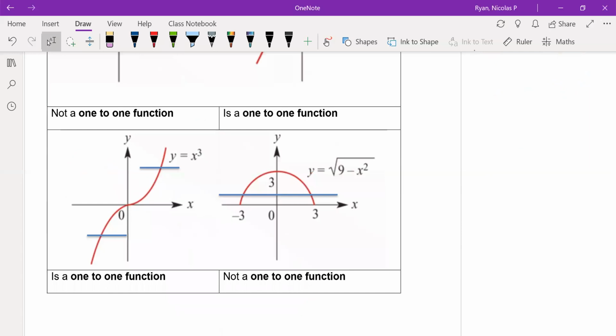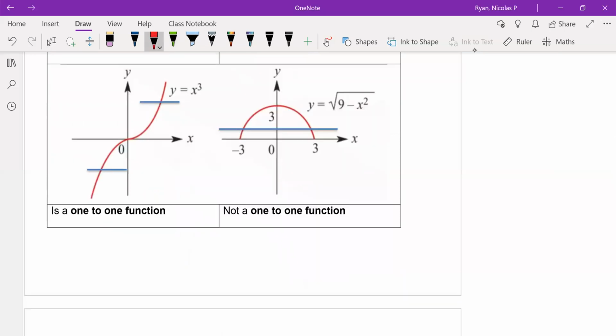When I look at a cubic, it's a function. Look, I can draw horizontal lines, vertical lines everywhere. And it also passes the horizontal line test at every point on the graph. Now that's not the case for every cubic.